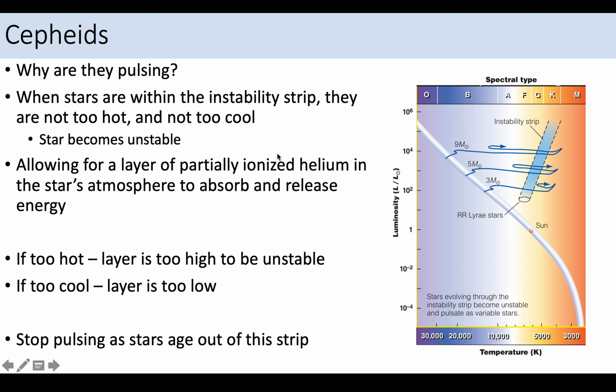So it will absorb helium and then release helium. We know that when that excited electron drops back down, the release, a photon is emitted, I should say. So we would see that pulsing light. So once the stars move out of the instability strip, the pulsing stops.